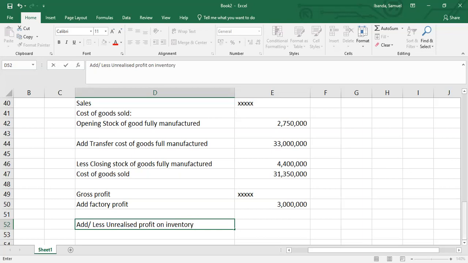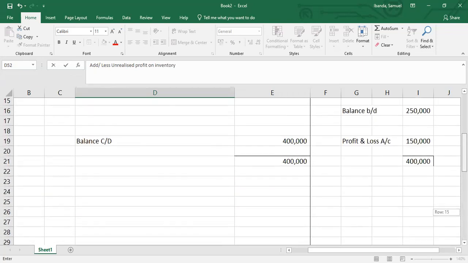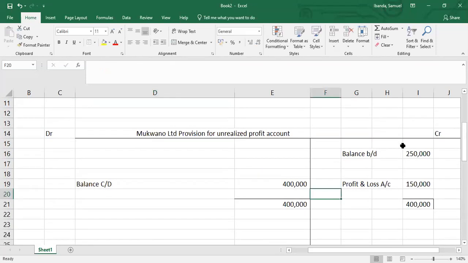In our case, this is what we had for opening inventory, and this is what we had for closing inventory. The profit on closing inventory was higher than that of opening inventory. So the unrealized profit we got right here, the 150, is supposed to be lessed, based on the guidance we had.